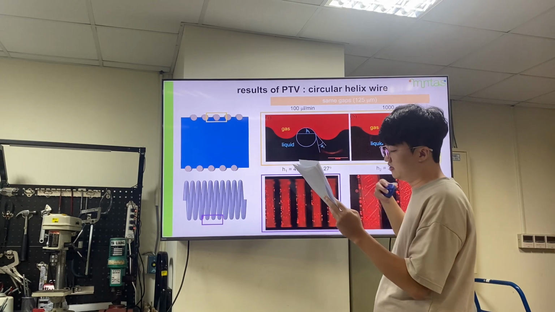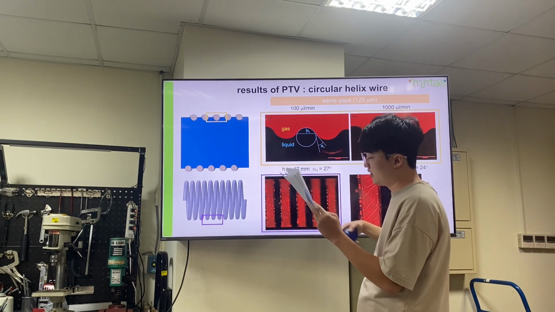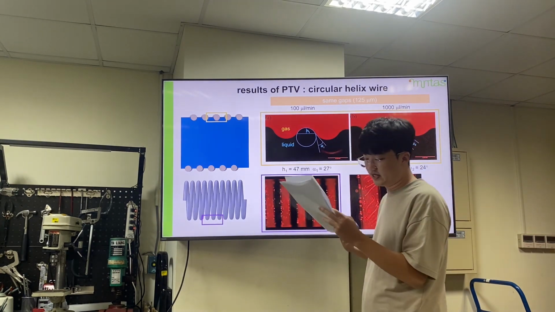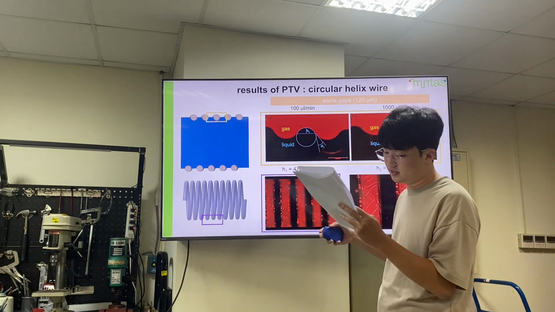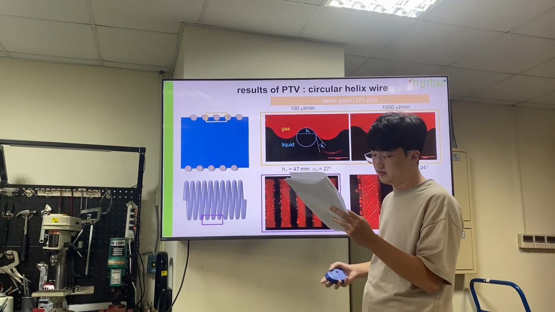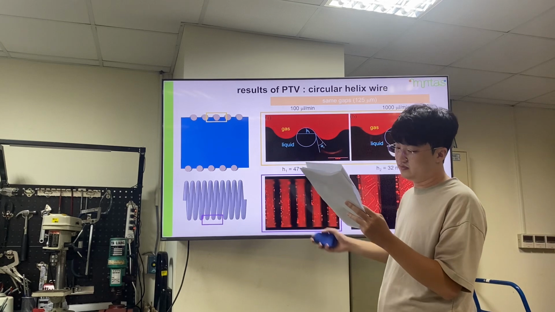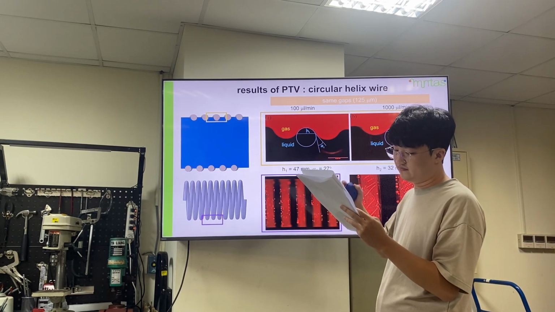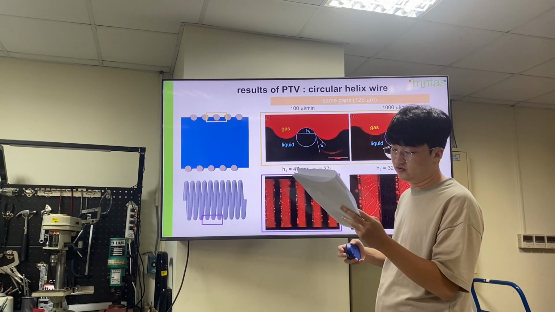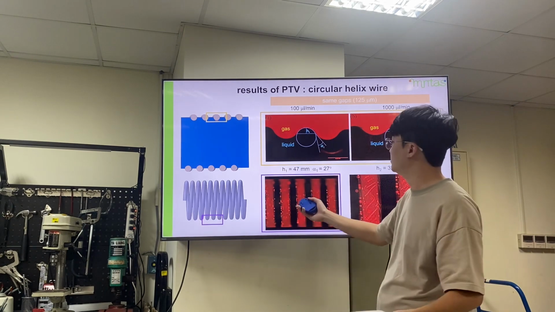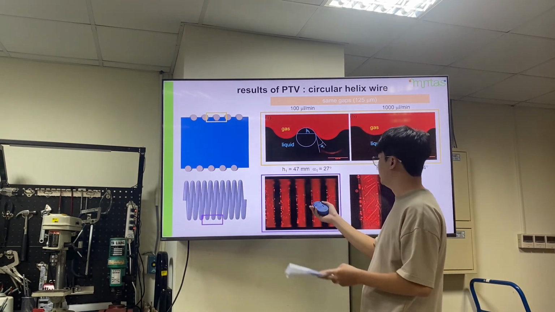Additionally, at the flow rate of 100 microliters per minute, vortex formation is not observed in the actual flow field. Therefore, the visualized flow field at the flow rate of 1000 microliters per minute will be presented here.